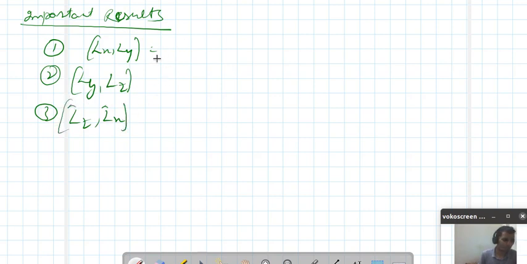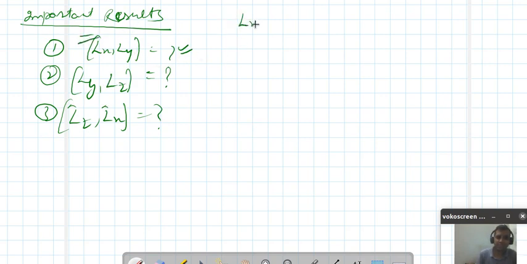So we have to find out their values. To find out these relations, let us proceed as follows. First of all, I will consider this one, and similarly we can find all the others. So let us start with this part.